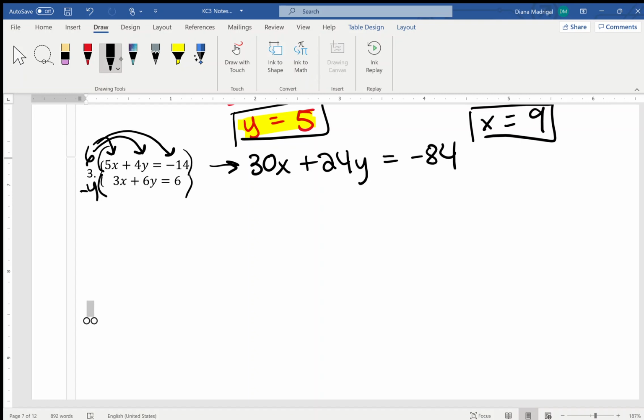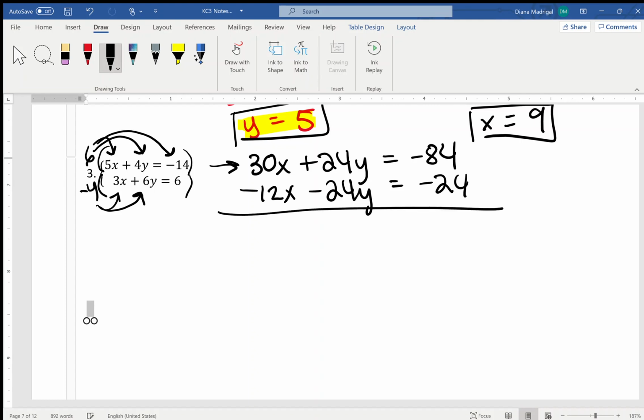Do the bottom one. Negative 4 times 3 gives me negative 12x. Negative 4 times 6 is going to give me negative 24y. Negative 4 times 6, again, is going to give me negative 24. As you can see now, I can add them.